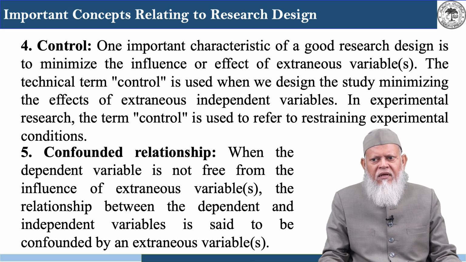The important characteristic of a good research design is to minimize the influence or effect of extraneous variables. The technical term control is used when we design the study minimizing the effects of extraneous independent variables. In experimental research, the term control is used to refer to restraining experimental conditions.